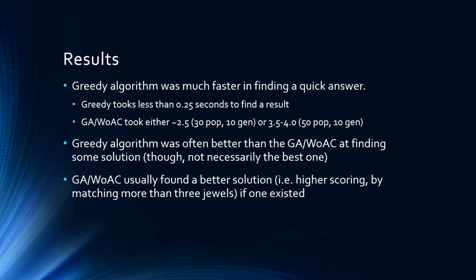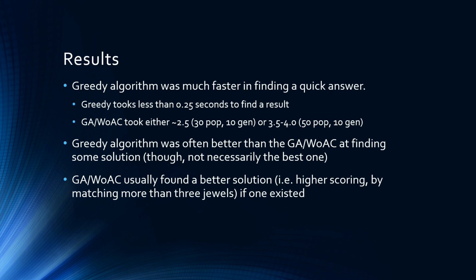It's mostly because, again, you could see that the genetic algorithm, Wisdom of Artificial Crowds, was testing for fitness, which was where most of the performance issue came about, because it's somewhat more complicated than just determining whether or not the move is legal. The genetic algorithm took about 2.5 seconds per move when I was first starting to test with a population of 30 and 10 generations, or closer to 3.5 seconds per move for a population of 50 and the same number of generations.